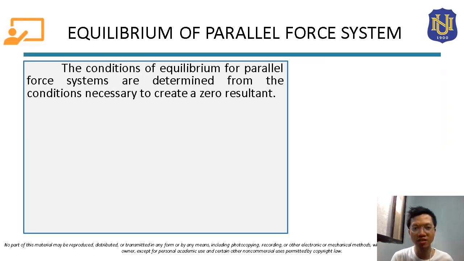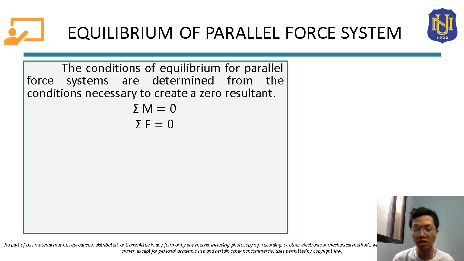Okay, so to start the discussion, the conditions of equilibrium for parallel force systems are determined from the conditions necessary to create a zero resultant. So these are the equations that we're going to use in solving for equilibrium of parallel force system. It can be one moment equation that will be equal to zero, and one summation of forces, and that will also be equal to zero, since here in this topic, this is equilibrium.